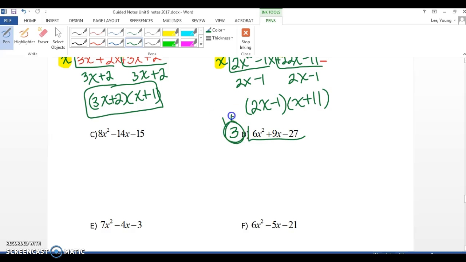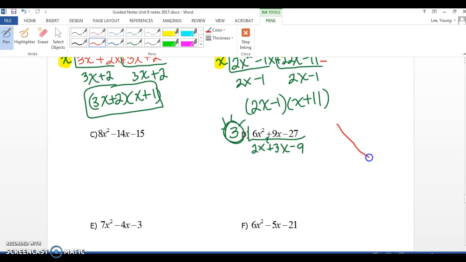I like to make a circle or whatever that is, so that it stands out. And all you have left is 2x squared plus 3x minus 9. Okay, now we still have a trinomial, so we have to use the X box.